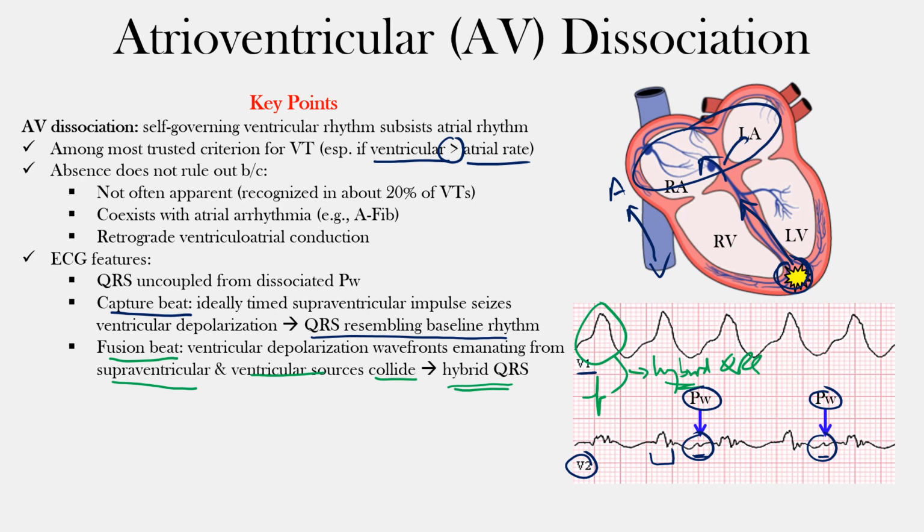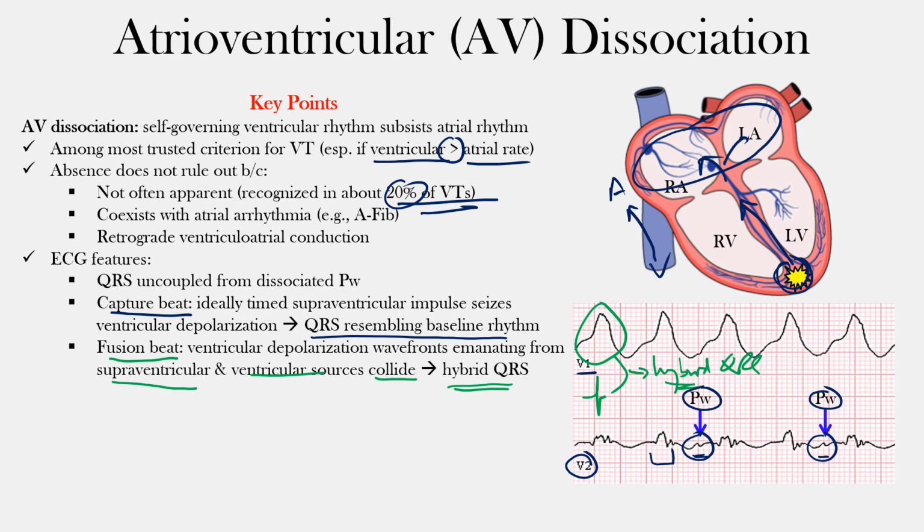Now, its absence does not rule it out, and there are a few reasons why. It's not often apparent, so it's hard to notice, and it's only recognized in about 20% of ventricular tachycardias. So we're saying that of the wide complex tachycardias that are actually ventricular tachycardias, only 20% tend to have recognizable AV dissociation.